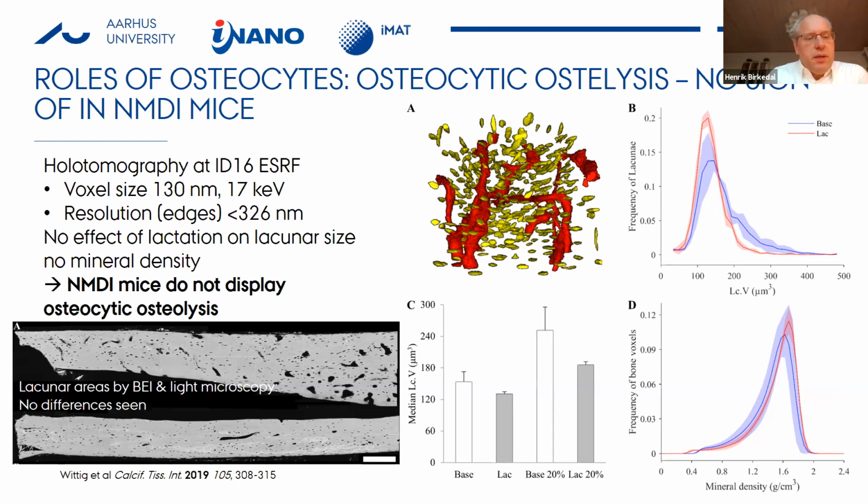We verified this by lacunae area measurements using backscatter electron imaging and light microscopy. And this led us to the conclusion that there is no real sign of osteocytic osteolysis in this mouse strain. And so what we're now hoping to do is to, of course, compare with other mouse strains and see to which degree this is really a general physiological response or just related to a few mouse strains.